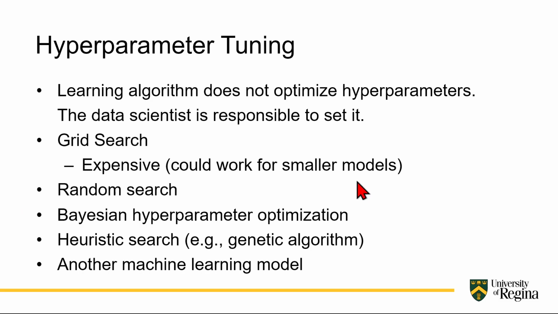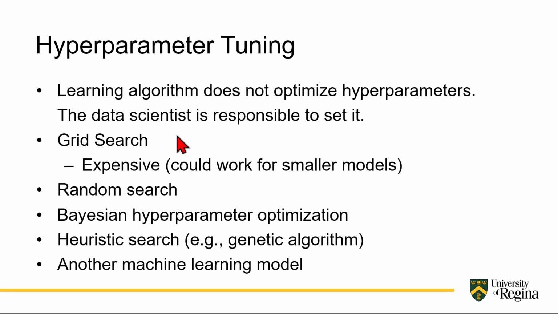So finally, in hyperparameter tuning, we want to make sure that the learning algorithm actually uses the best hyperparameters. The learning algorithm works on the parameters itself, but it does not optimize the hyperparameters. So the data scientist is responsible to do that.